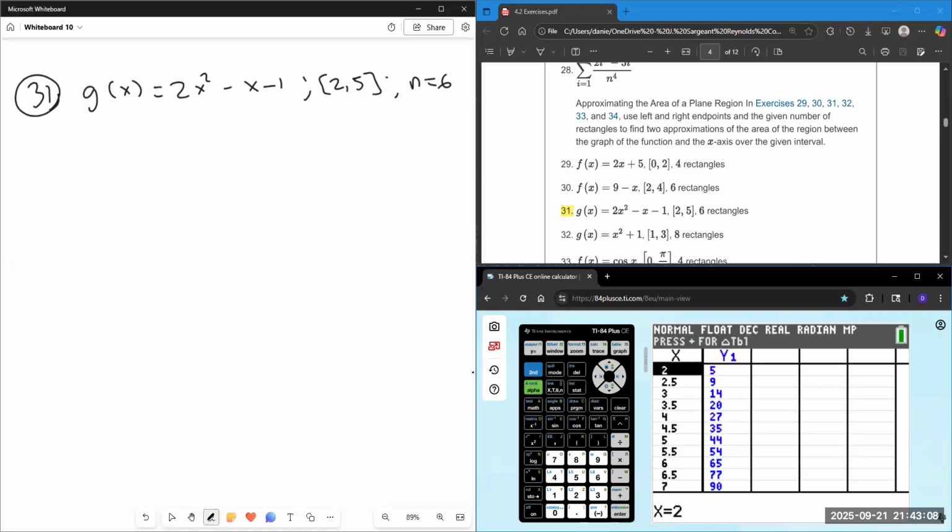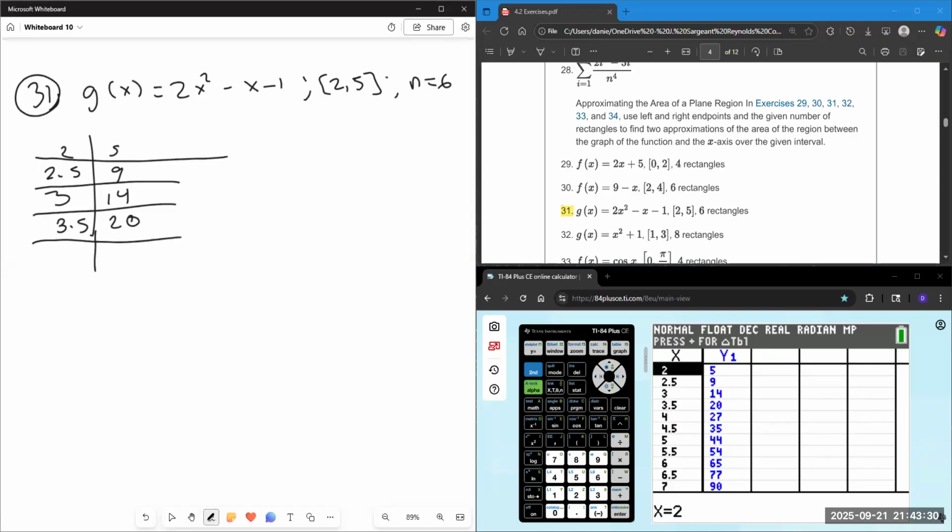And that's going to give me values of 2 to 5: 5, 2.5 to 9, 3 to 14, 3.5 to 20, 4 to 27, 4.5 to 35, and 5 to 44.